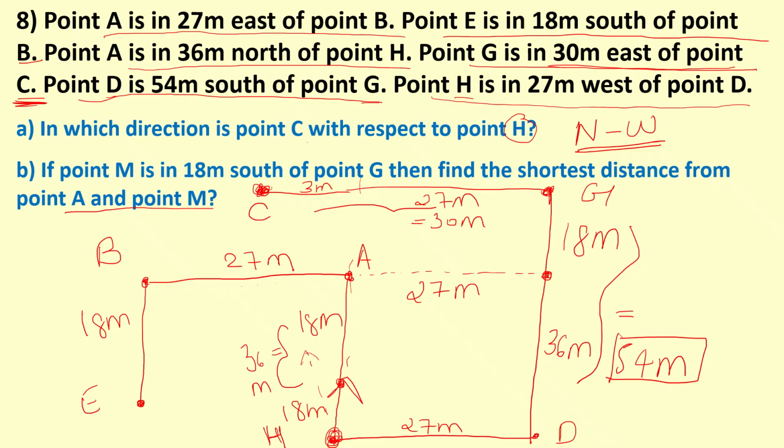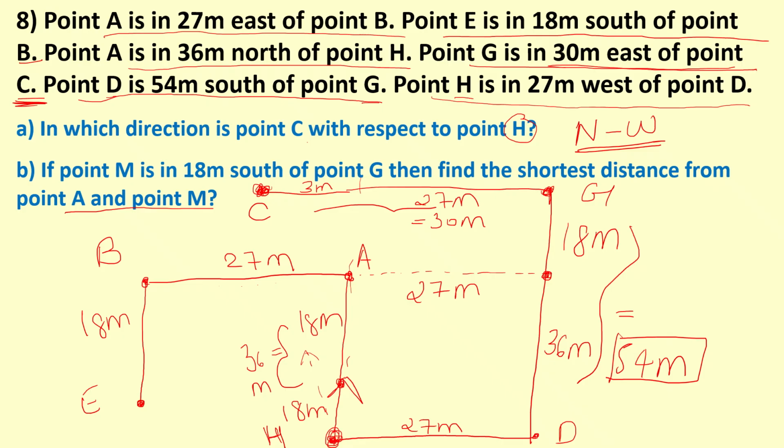An extra point is given and they will tell you to place it somewhere, and then they will say to find out the shortest distance or how far point M is from point A.